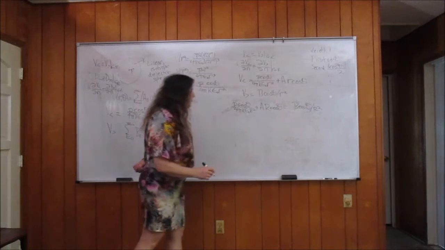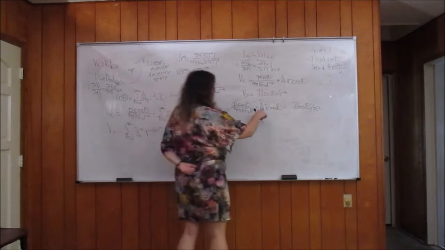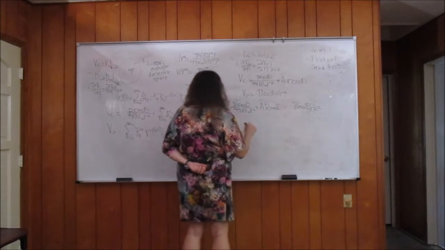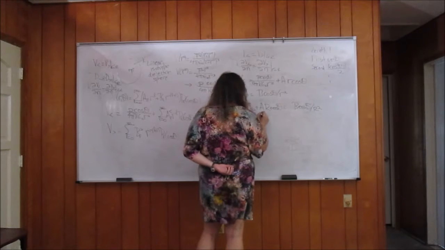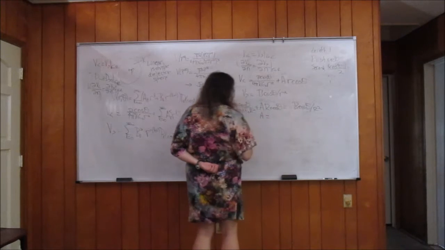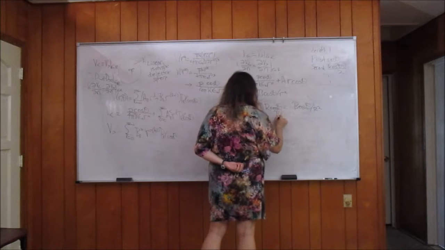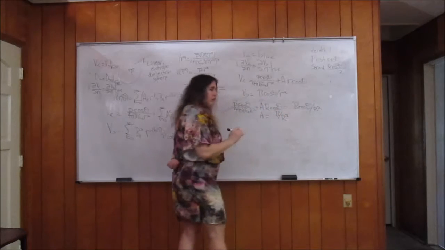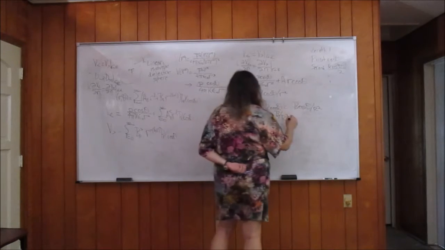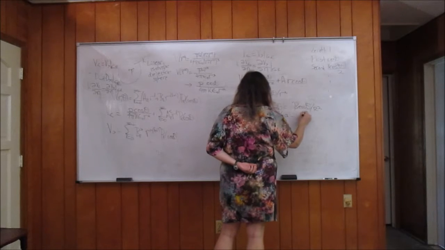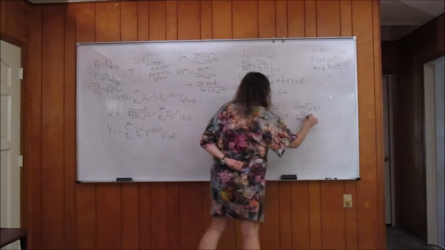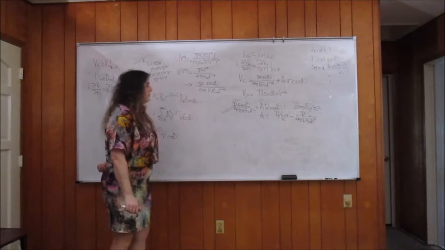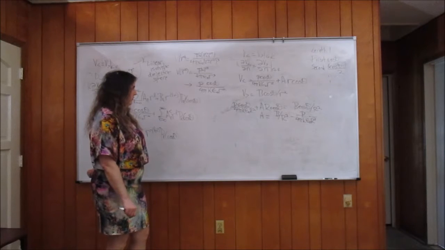If I divide by r, I wind up with a is equal to b over r cubed minus p over 4 pi k epsilon naught radius of the sphere cubed.